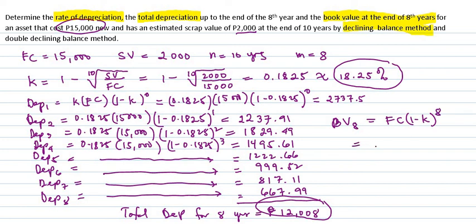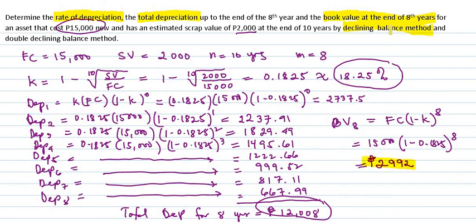Okay, so we have here the first cost, which is equivalent to 15,000 multiplied by 1 minus k, 0.1825 raised to 8. The equivalent book value is 2992.